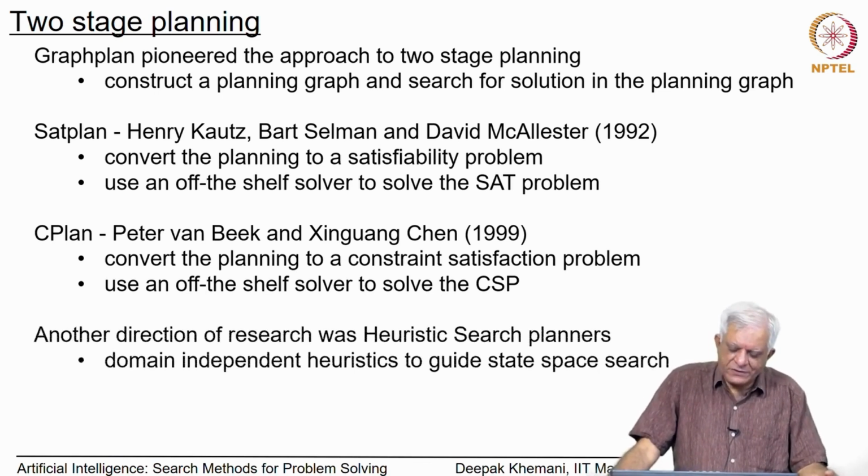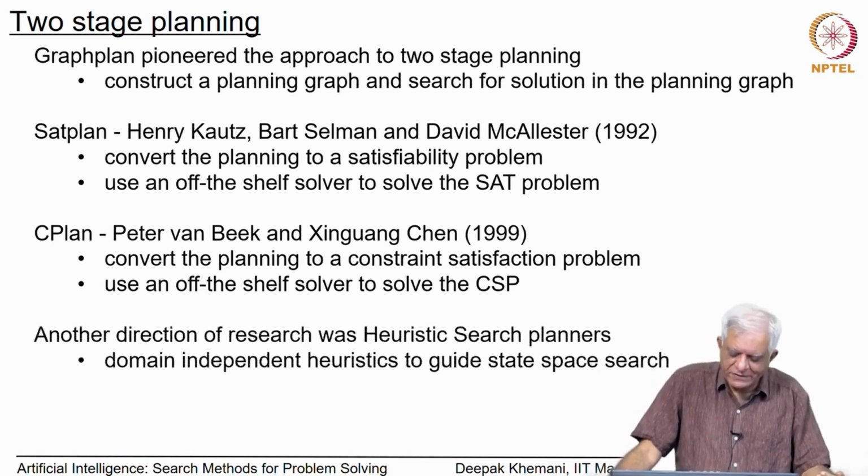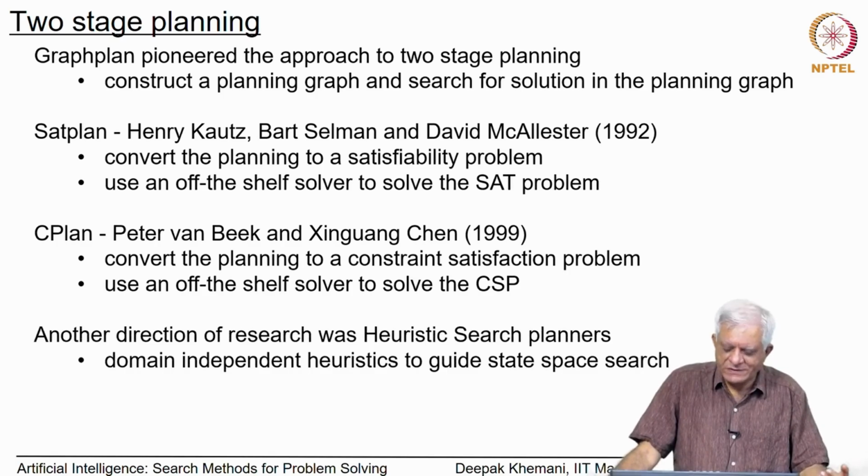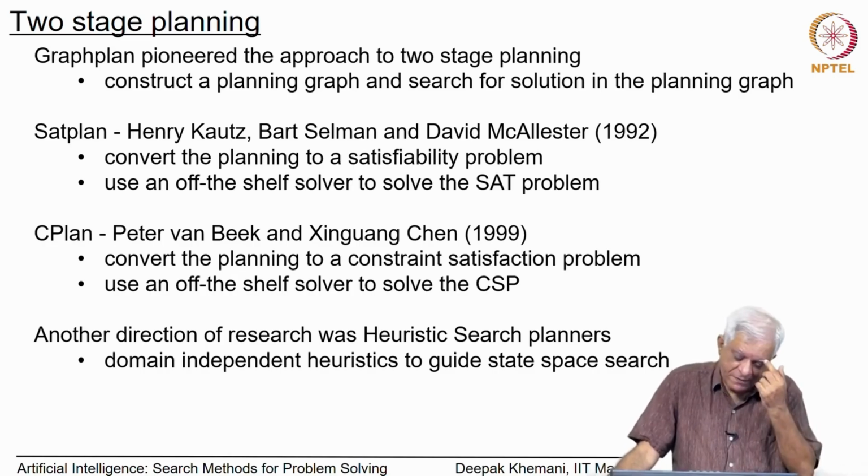Another approach which also took off at around that time was the use of domain independent heuristics. We had not had time to look at it, but we had mentioned it in passing when we were looking at the 8 puzzle, for example.